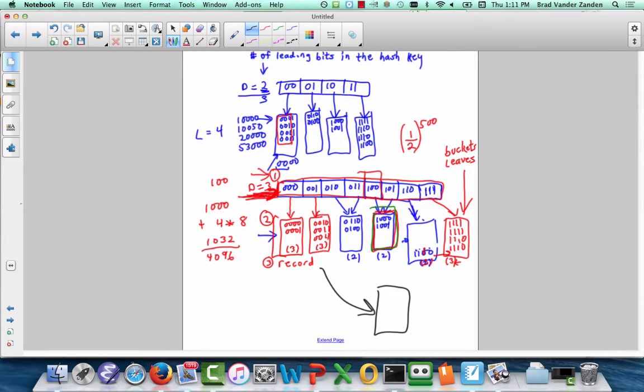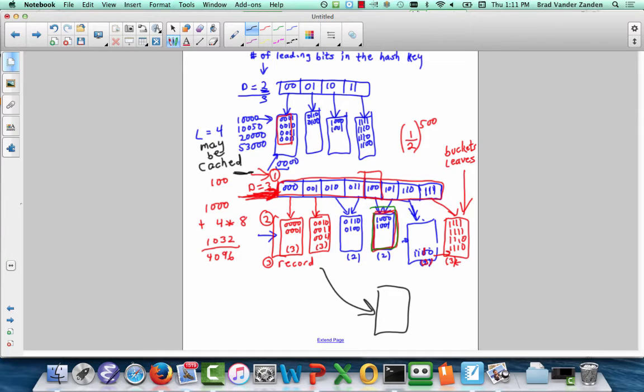And large chunks of this first level may be cached. So you may get away with two disk accesses total. Okay, is that clear?